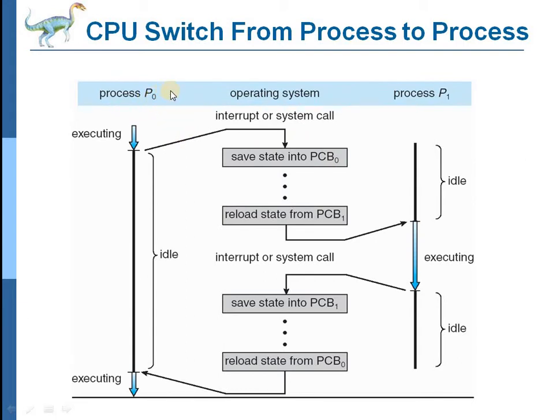For process P0, it's PCB0, and for process P1, it's PCB1. After the interrupt or system call, P0 is switched out and its status is saved into PCB0. Now, the other process, process P1, reloads its state from its PCB1.